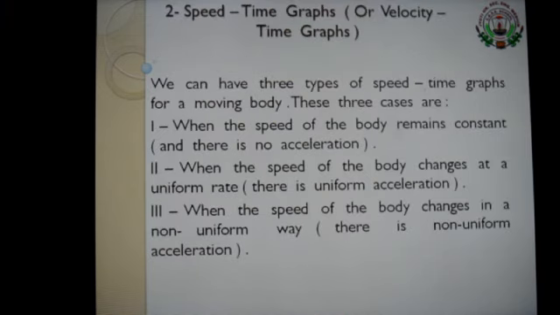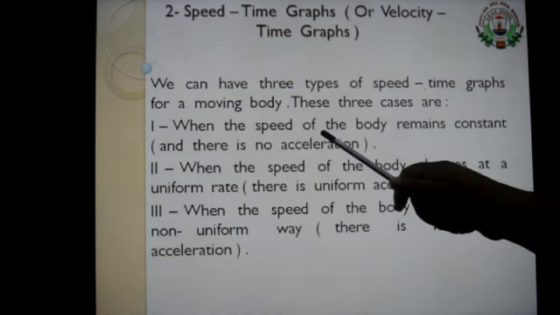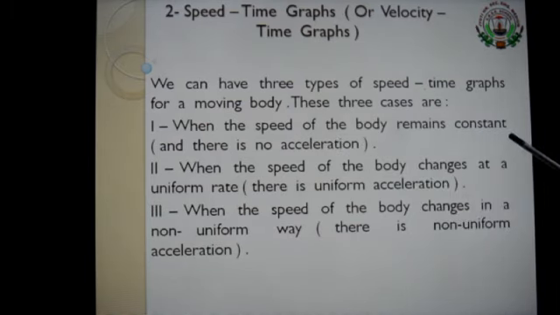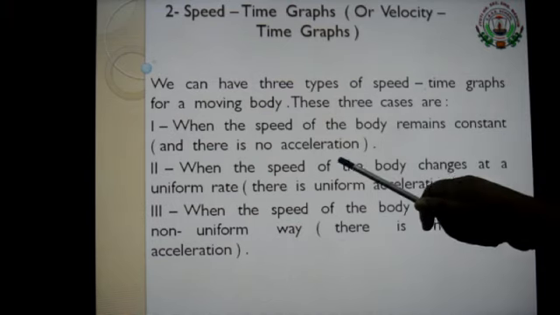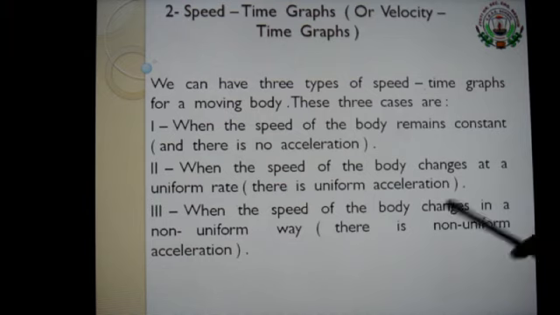We will now discuss the speed time graphs of a moving body. In fact, the speed time graphs are also known as velocity time graphs. We can have three types of speed time graphs for a moving body. These three cases are: first, when the speed of the body remains constant, there is no acceleration.